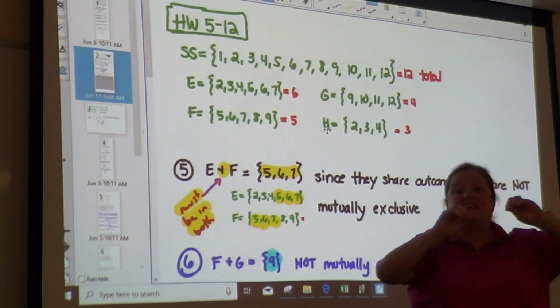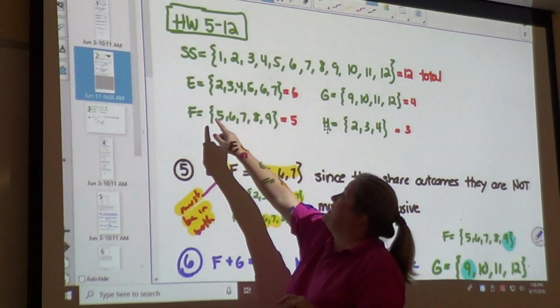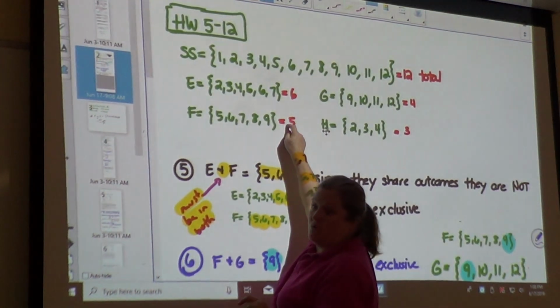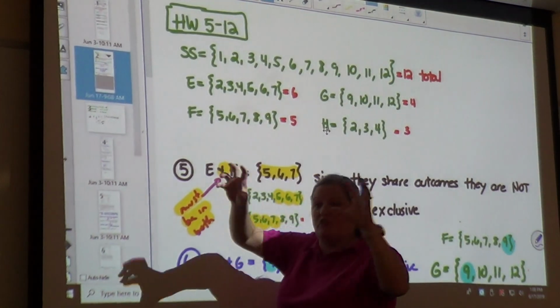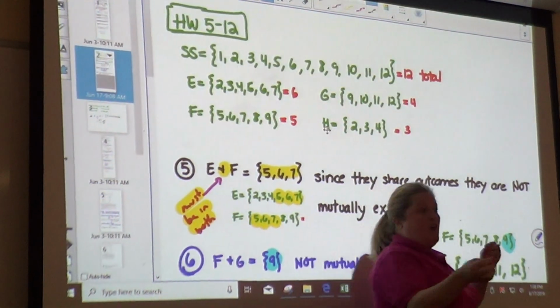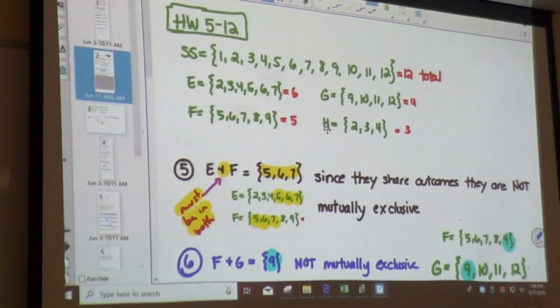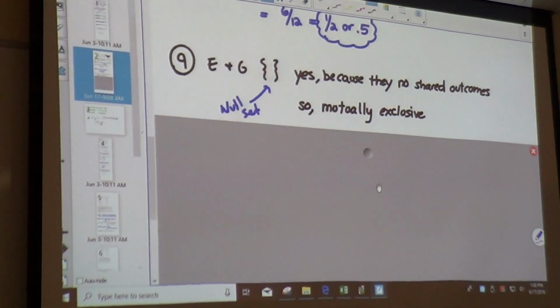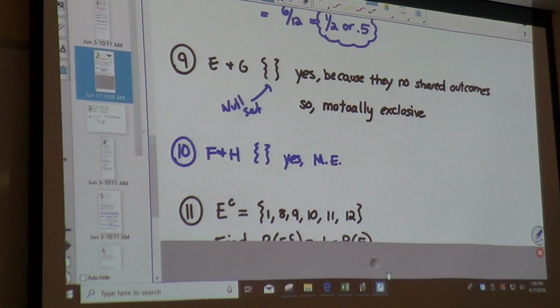So if I tell you to list the complement, for this one it would be 1, 2, 3, 4, and then 10, 11, 12. So the complement is all the pieces that are not in here, and the probability would be all the pieces that are not in there. We had already done the null set.